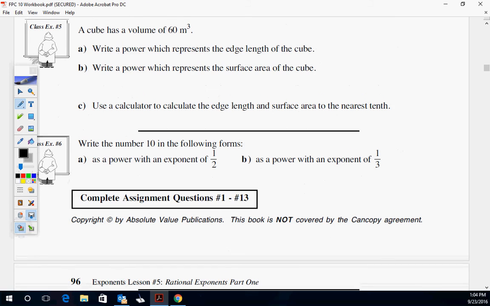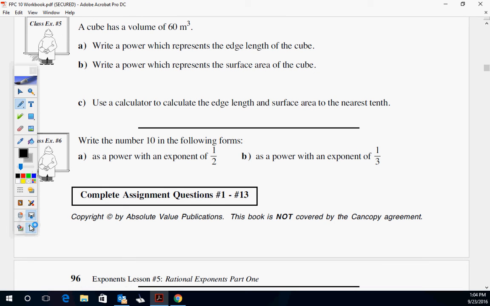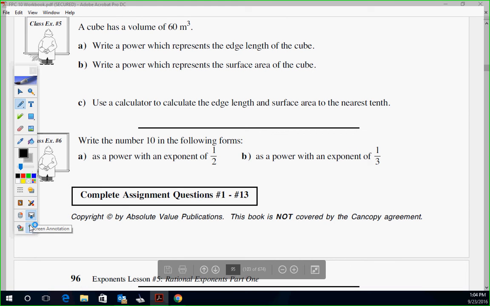That way we can get you guys to your quiz, and then you have practice time. Okay, so a cube has a volume of 60 meters cubed. Or sorry, 60 cubic meters is how you're supposed to say those. Write a power which represents the edge length of the cube. So what would the edge length look like? Well, if you write it with a power, it'd be 60 to the 1/3, if you want to cube root it, right?